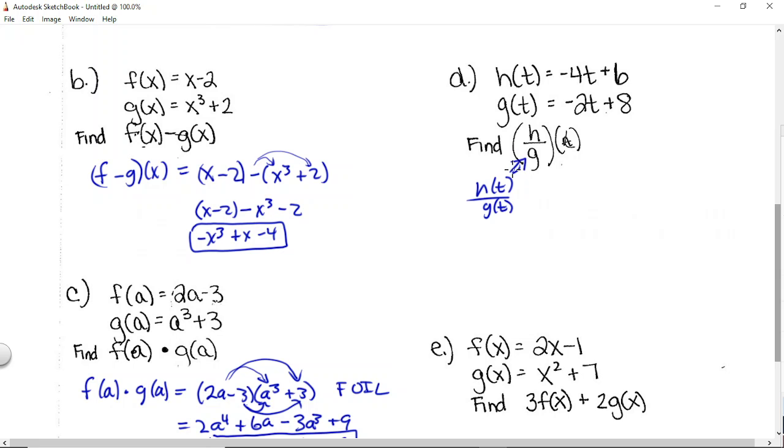Okay, these are the same. We're dividing the h by g. It's just two ways of writing it. And it creates this new function. So h of t is negative 4t plus 6. And g of t is negative t plus 8. Those are the function definitions.